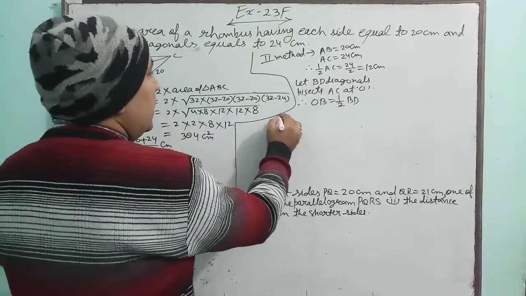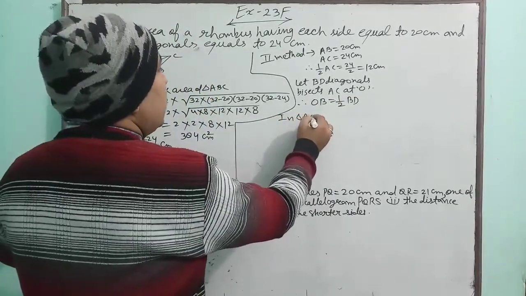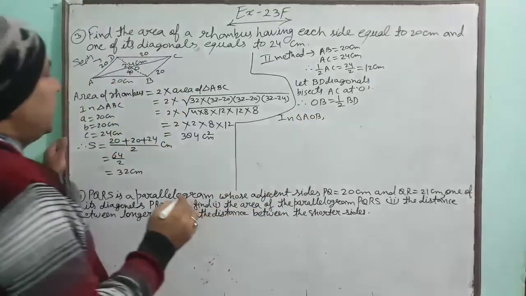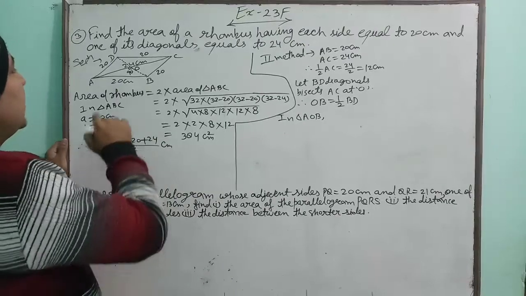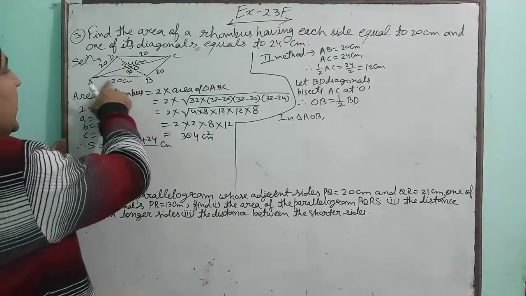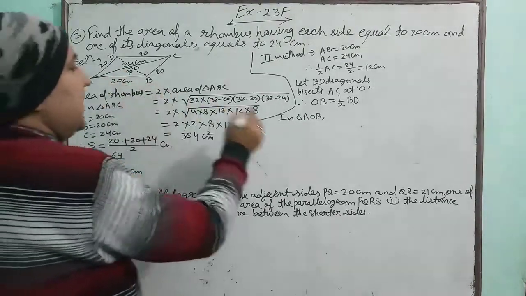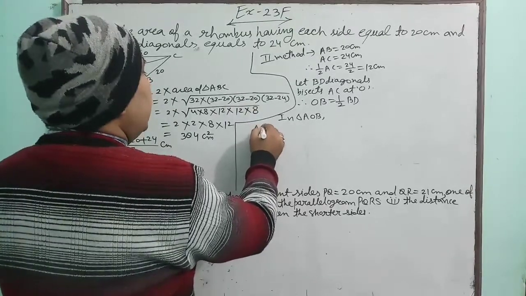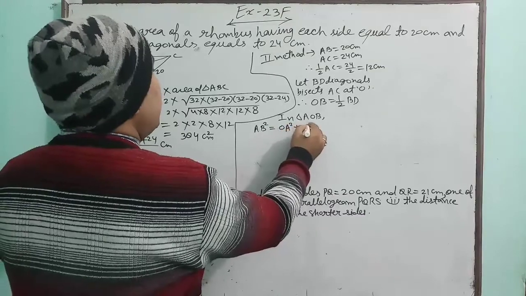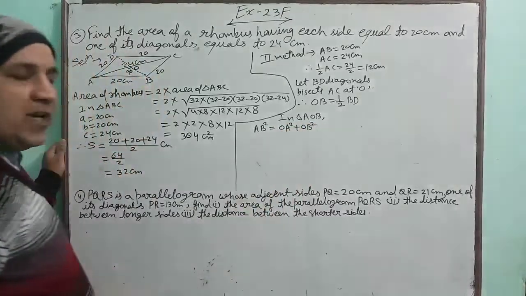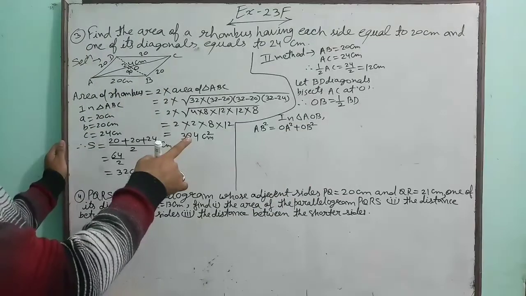Okay. Now, in triangle AOB, have you remembered what is the Pythagoras theorem? This is 90 degrees, so AB is the hypotenuse. According to Pythagoras theorem, hypotenuse square is equal to base square plus perpendicular square. This is the Pythagoras theorem.